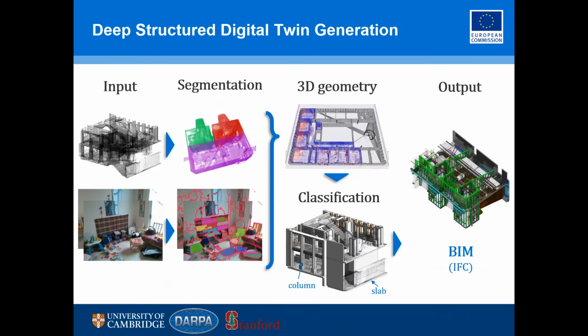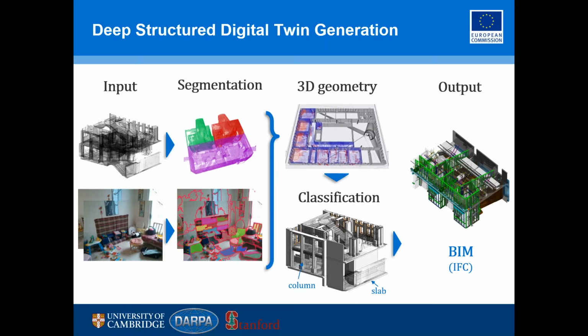And so in this case, we've worked with a strategy we call deep structure digital twin generation, which is actually a combination structure. It uses architectural priors. We know I have a building, like I said, find the floors, then find the rooms, the walls, and so on. But at the same time, with the help of machine learning, we can then infer where things might be simply out of the structure of the building rather than having to see all the objects.